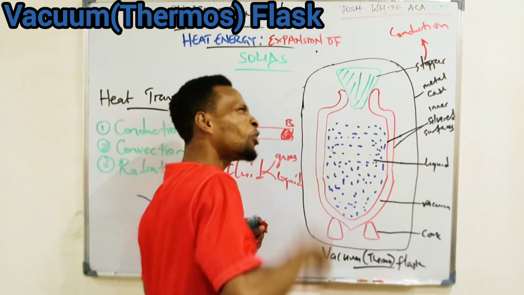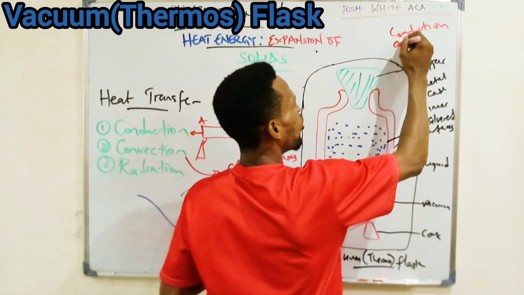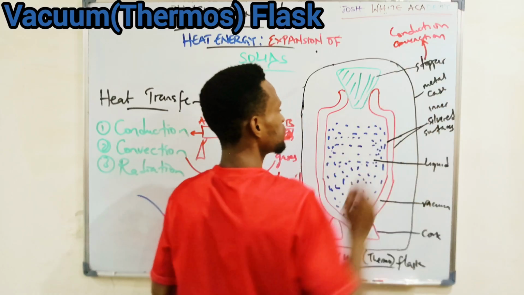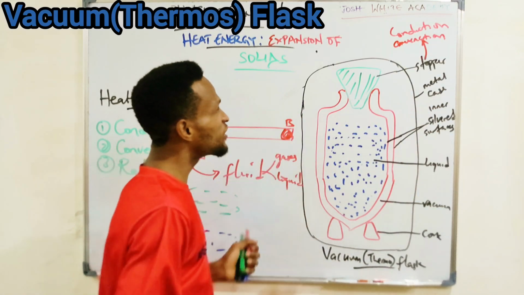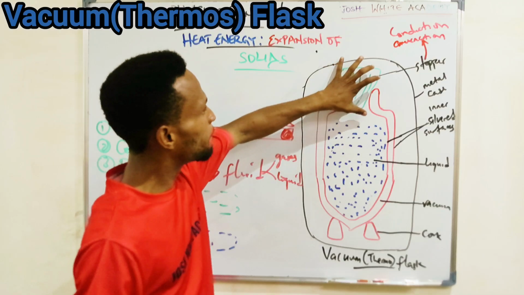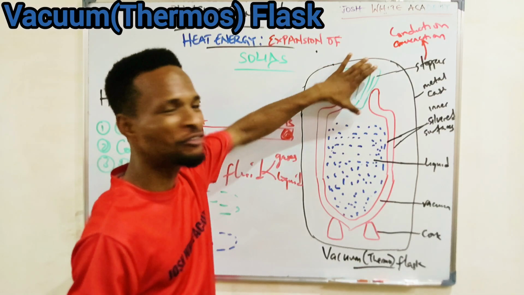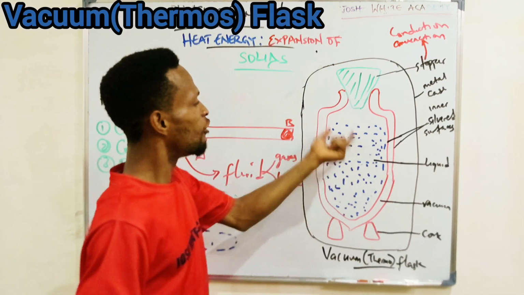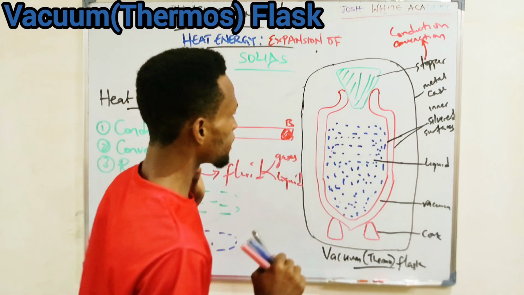So it also stops it via convection. So it prevents the loss of heat via conduction, because this is a bad conductor of heat, and also via convection from the heated fluid.